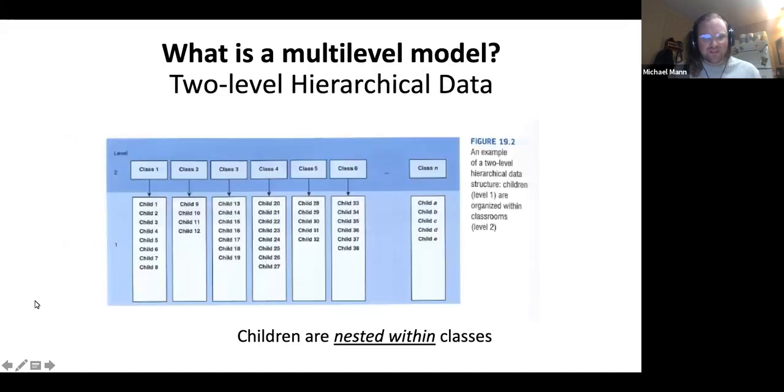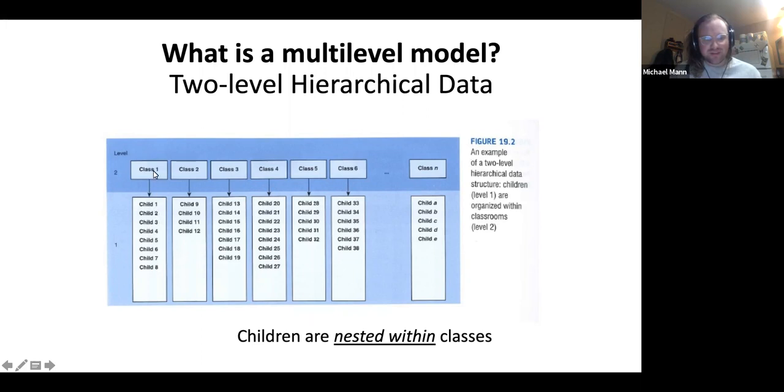So just to start off, let's review. A multi-level model means that there's some kind of hierarchy in the data, and classic examples of hierarchies in data are test scores for children who are in specific classes. So here's a great example showing two different levels where certain children are in only one class.